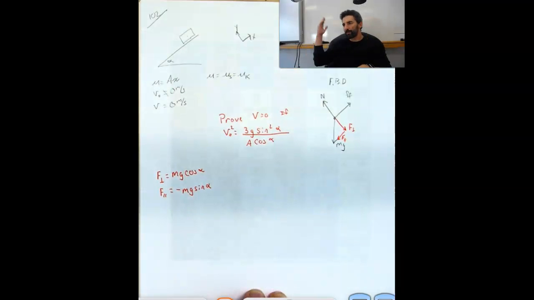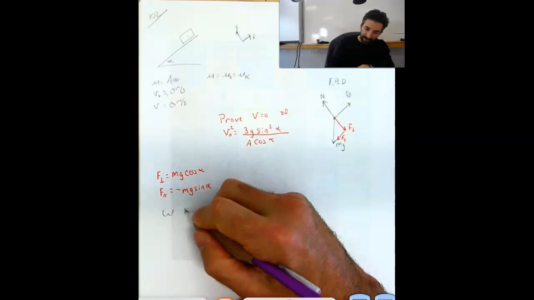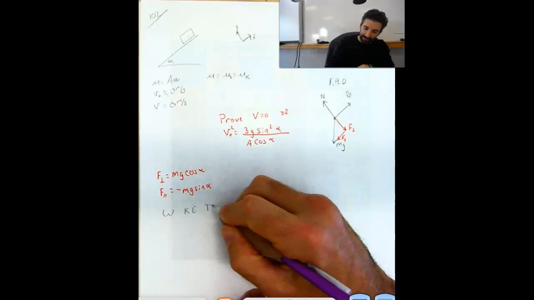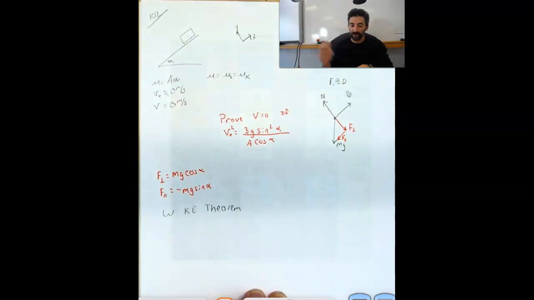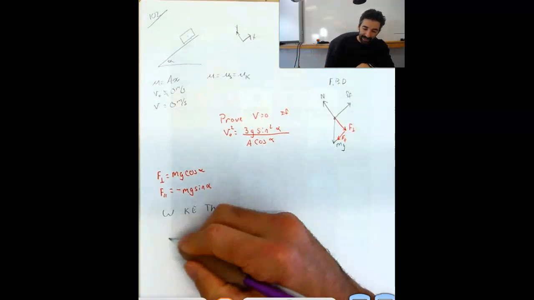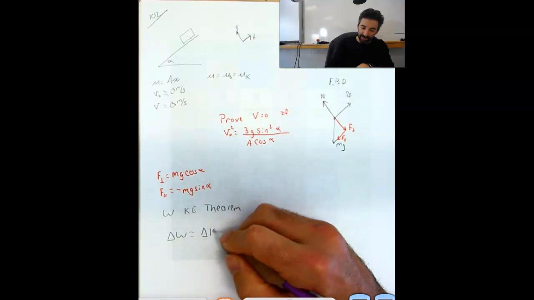Now, again, I'm going to break this thing into steps, and then we're going to put it all together. The very first thing I'm doing, I already told you, is that we are going to use the work kinetic energy theorem. And that's going to become important. So we know that the change in work is equal to the change in kinetic energy.